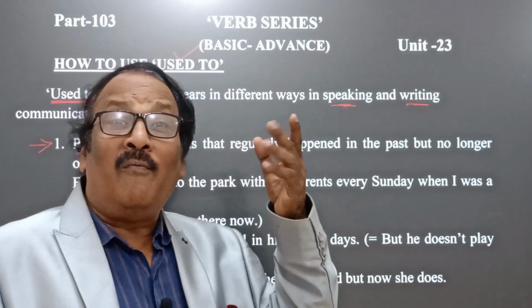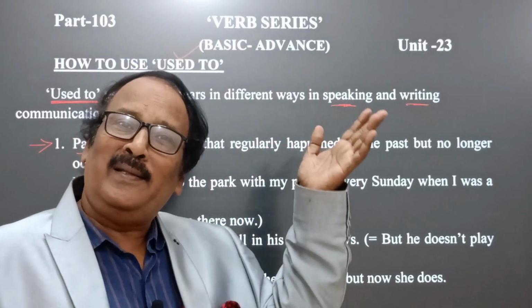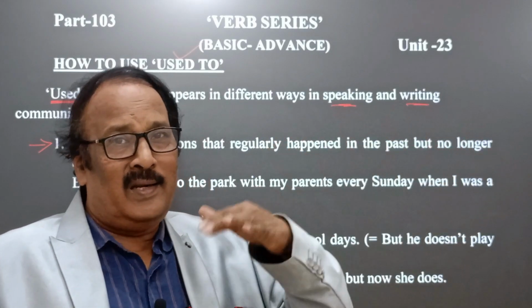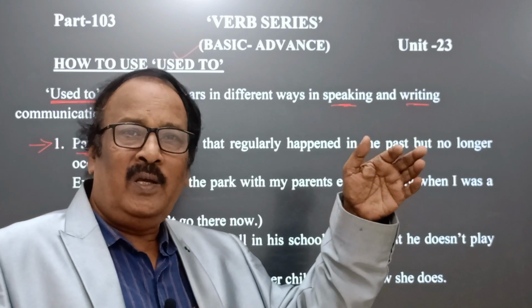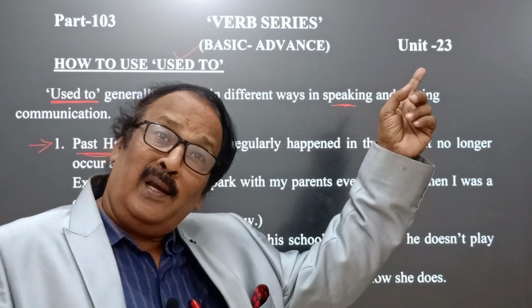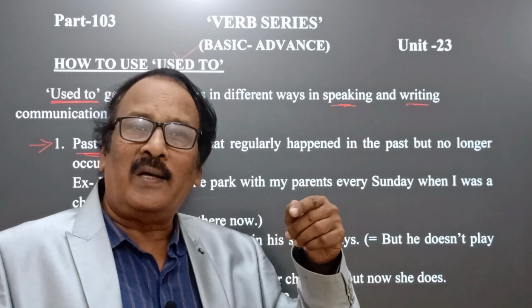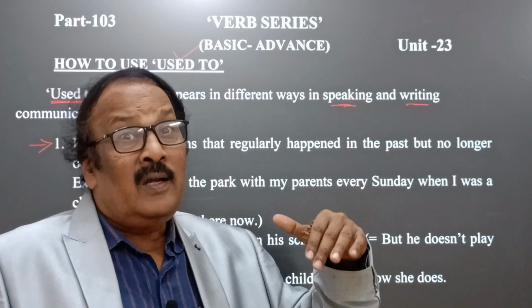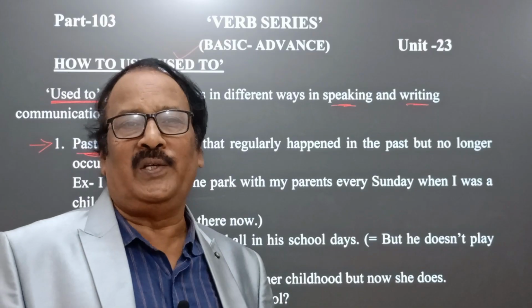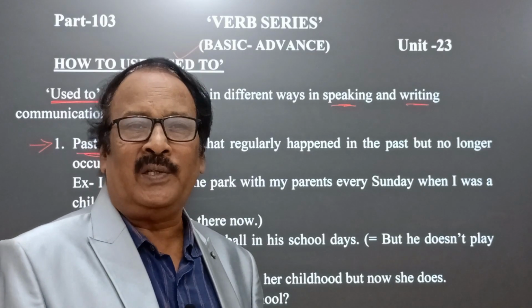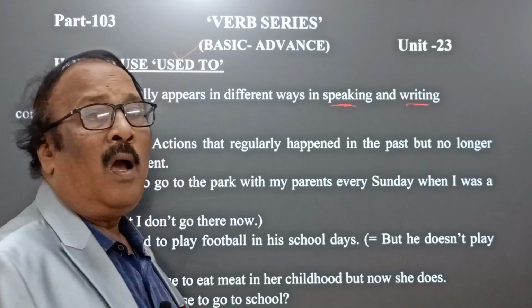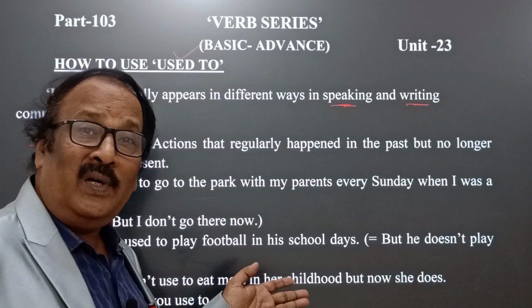Okay, we have two types of habits. One is the past habit, another is the present habit. What we used to do in the past, that is what we call past habit, and what we do at present on a regular basis, that is what we call present habit. What do you mean by past habits?